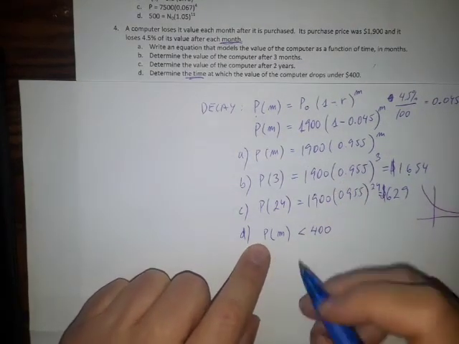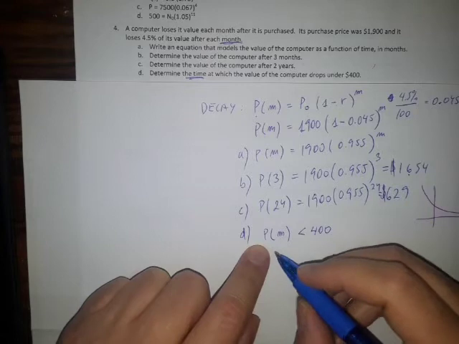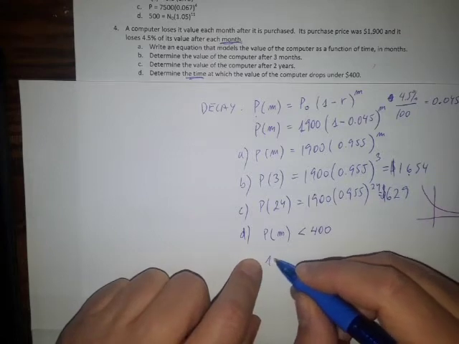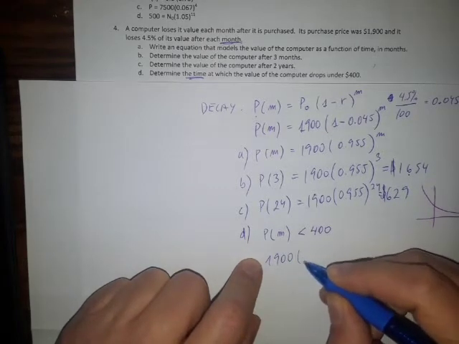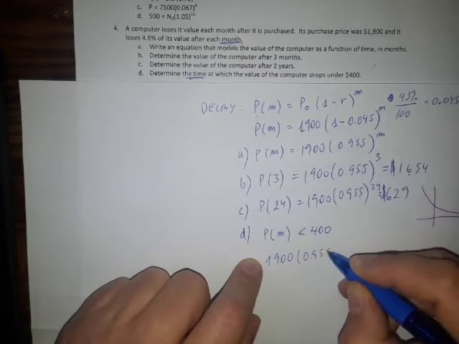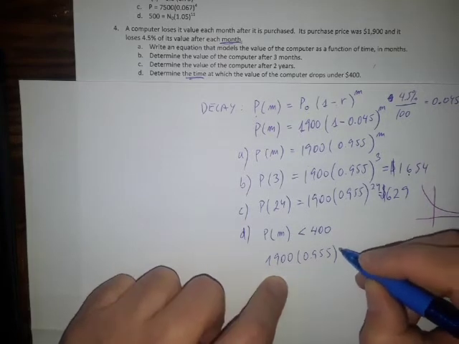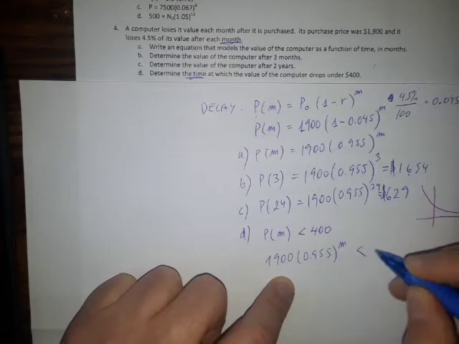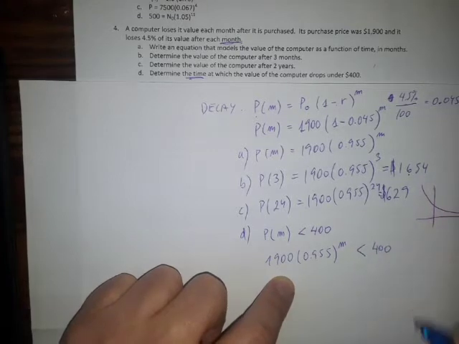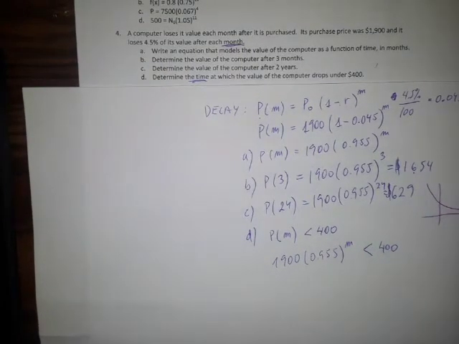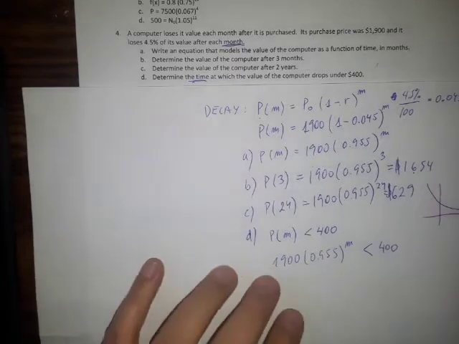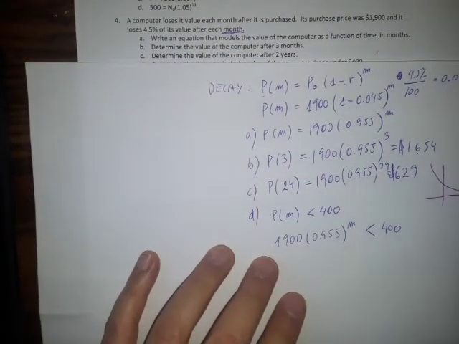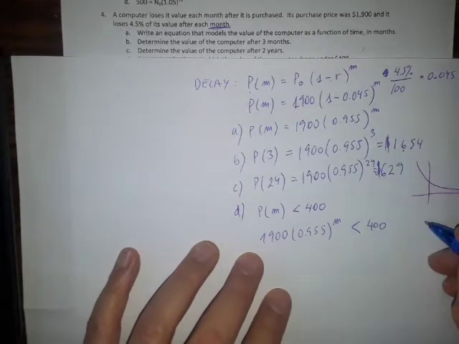Well, let's write the equation here. So it's 1,900, 0.955 to the power of m. We want to know how many months. This is going to be less than 400, right?